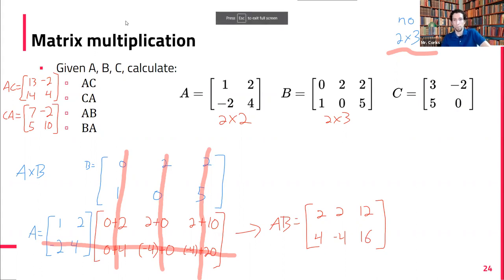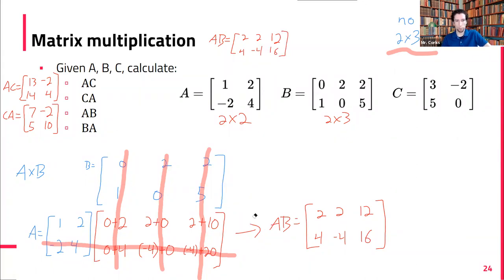It did. So we can multiply, in some cases, matrices that are different sizes. It worked. So we should write this up here. A times B is equal to 2, 2, 12, and 4, -4, 16. So that's that result.